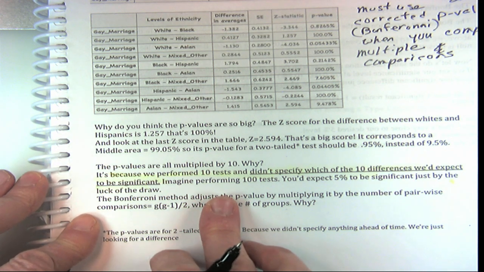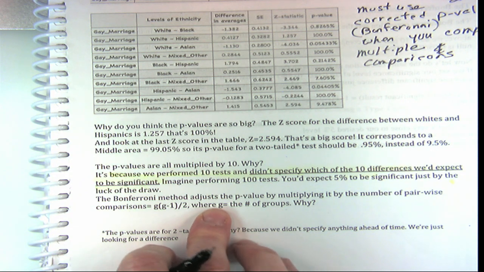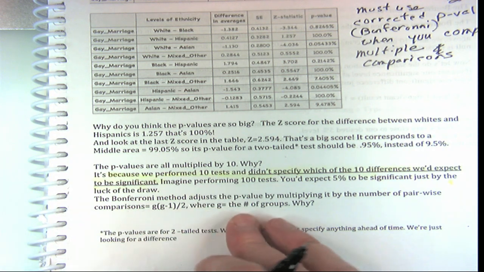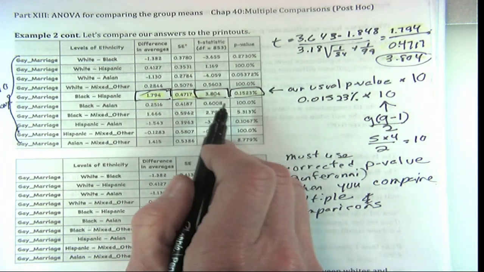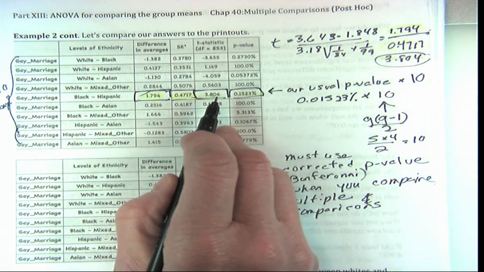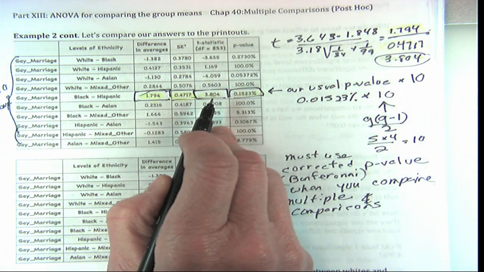Think about it this way: what is the p-value? The p-value is the chance that you'd see such an extreme difference, like this 3.804, just by the luck of the draw.